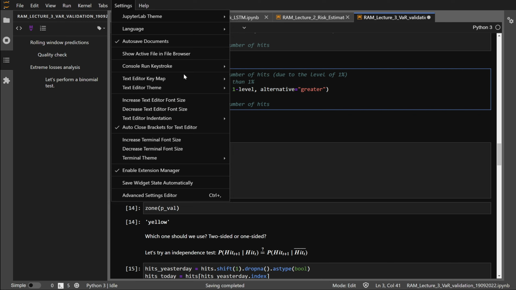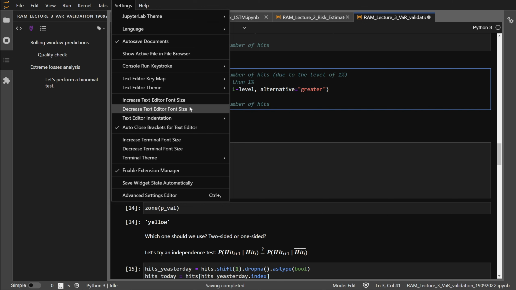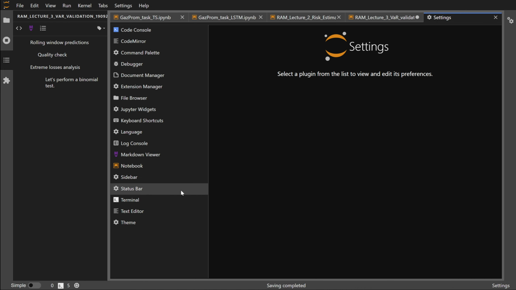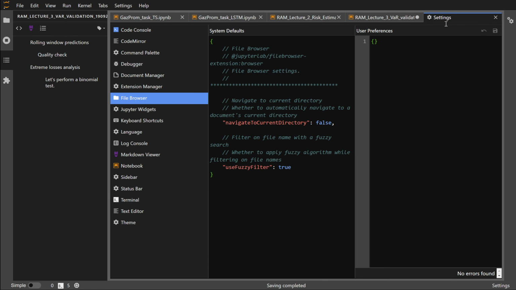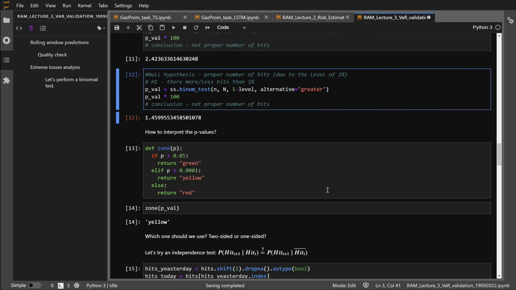So, for example, a central bank may ask banks under its supervision to provide internal models that ensure a confidence level not less than a particular one. In this case, banks are probably interested in the one-sided alternative hypothesis.